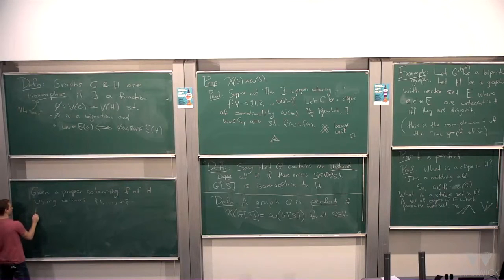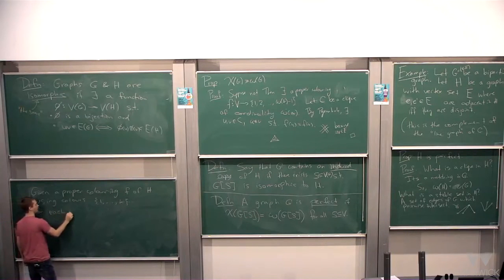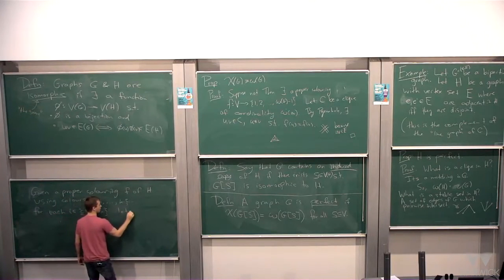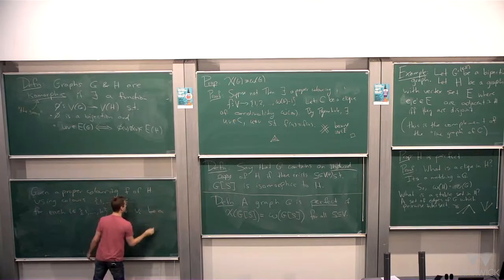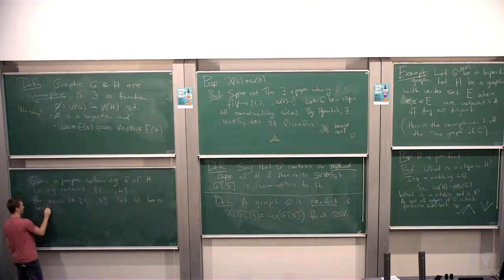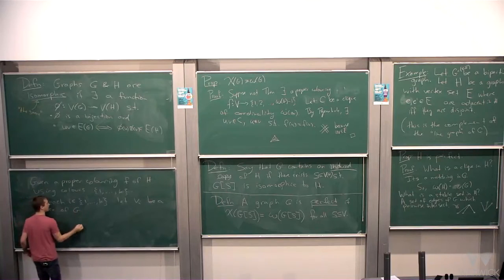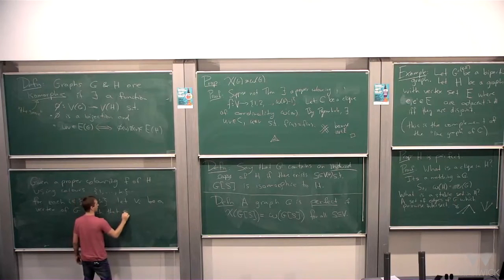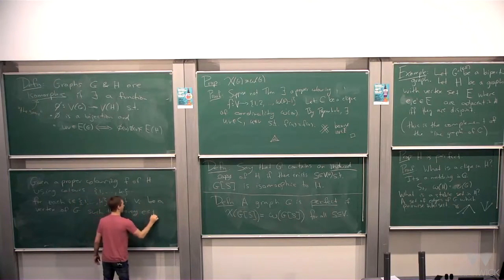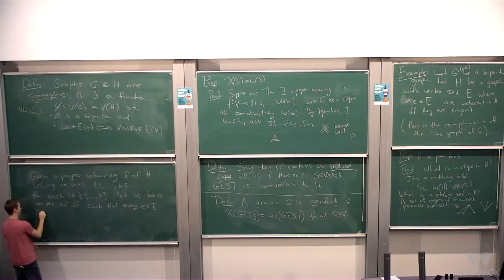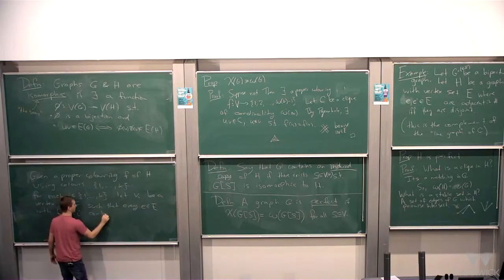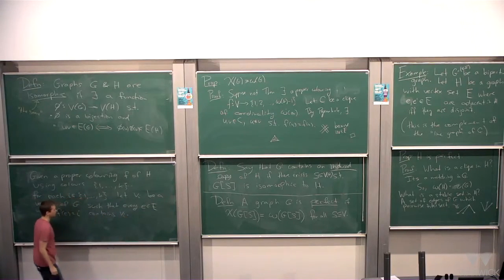So for each color i, let v_i be a vertex of G such that every edge of G which has color i contains v_i.